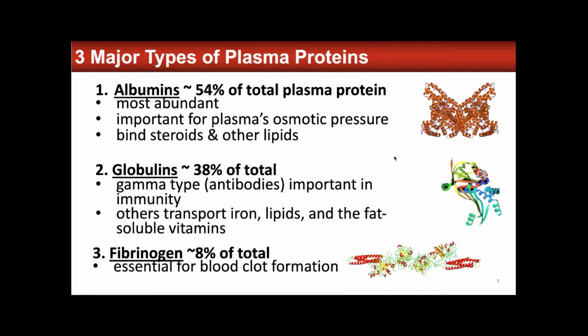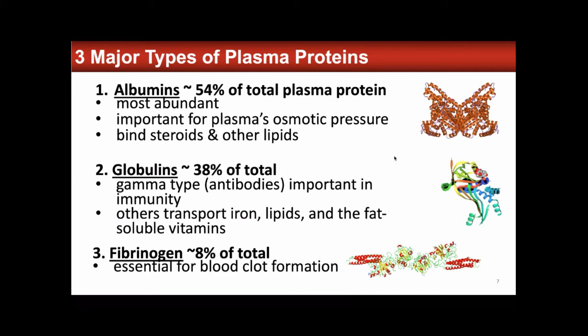The albumins are polar, and so they attract water. And because of that, the albumin content of your blood is important for determining what we call osmotic pressure. Essentially, how easy is it for your blood to hold on to water during this process of exchange across the smallest blood vessels.